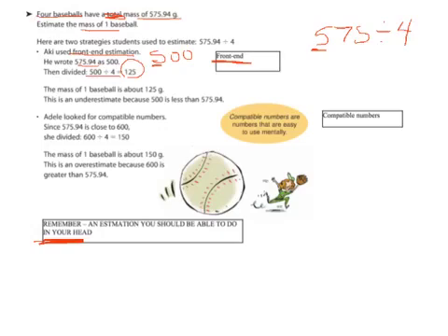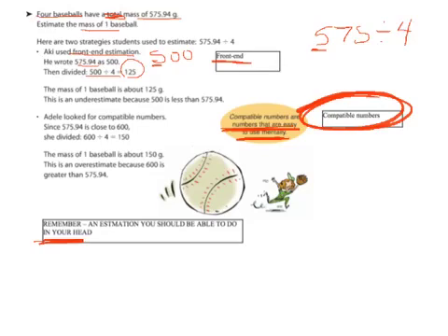The other one that works really well for division is compatible numbers. That's a very common one. Here, looking again at this same question, remember compatible numbers are numbers that are easy to multiply. And that works well with division because a lot of numbers don't go into. So, for example, 55 cannot easily be divided by 4, but 50 can easily be divided by 4.